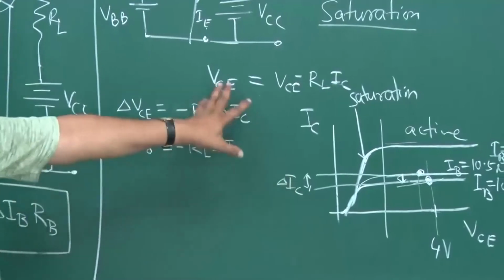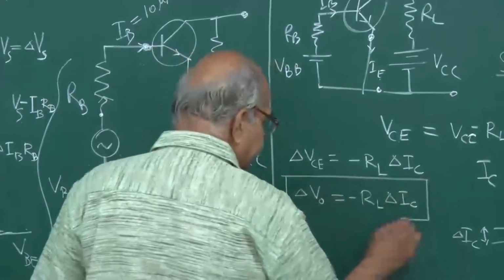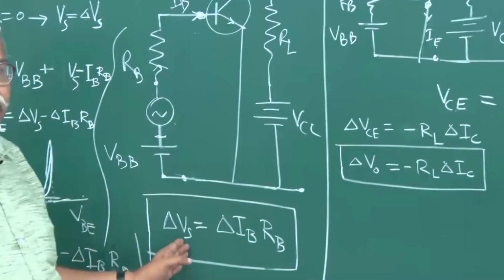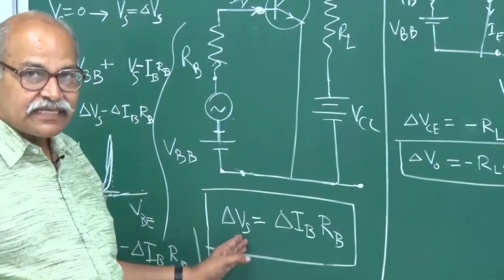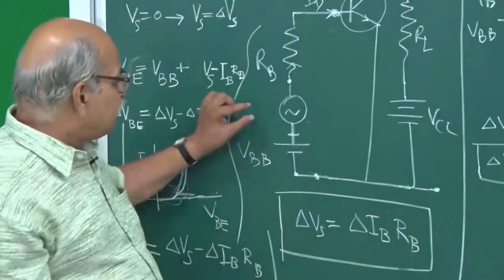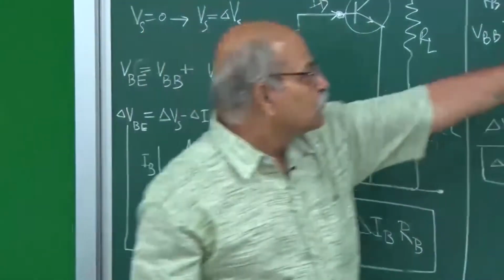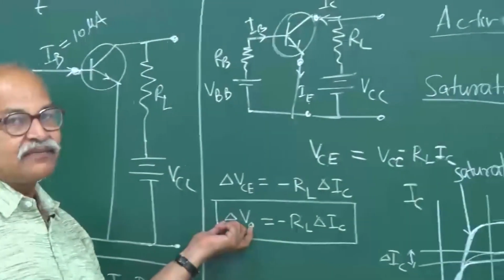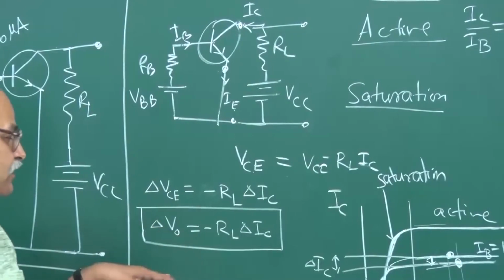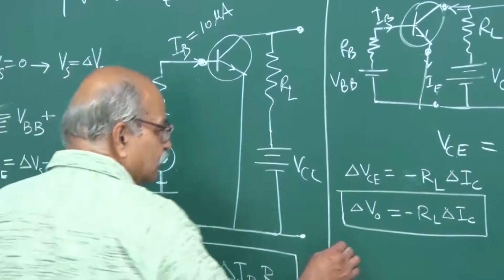So, this is how things will work, and if I divide this delta VO by this delta Vs, what will I get? I will get the voltage gain. So, if the signal varies by this delta Vs, the output voltage varies by this delta VO, right. And if it is all linear, and it is linear, what is that?